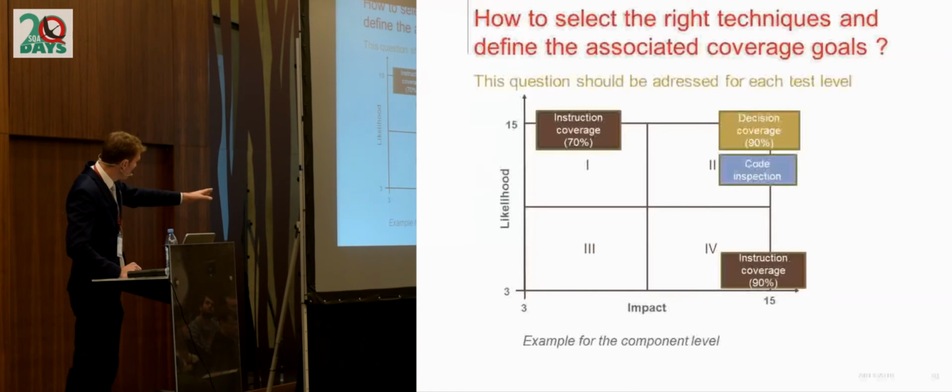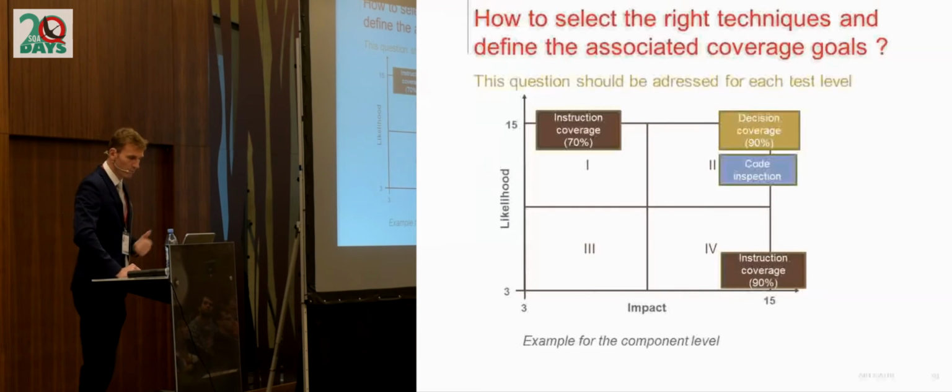And if the impact is lower, it's what we have on the top left corner, we will maybe target only the measurement of the instruction coverage with a low goal of 70% of instruction coverage.